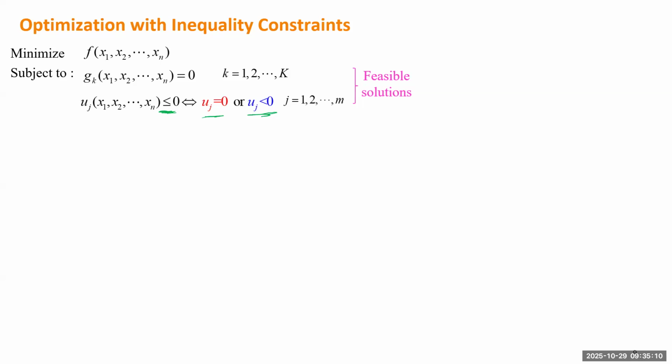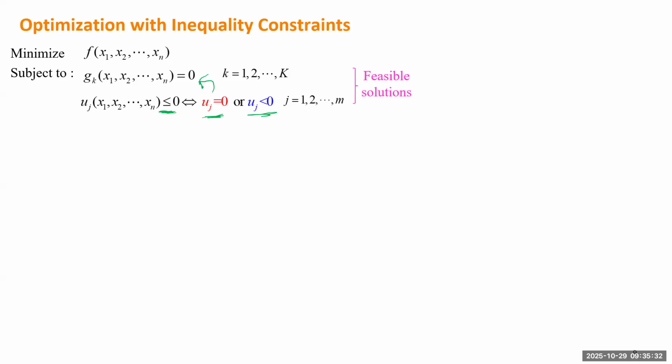So U can be 0 or can be negative. If it's 0, it will be similar to an equality constraint. If it's negative, that will be a requirement. You have to make sure that can be satisfied.